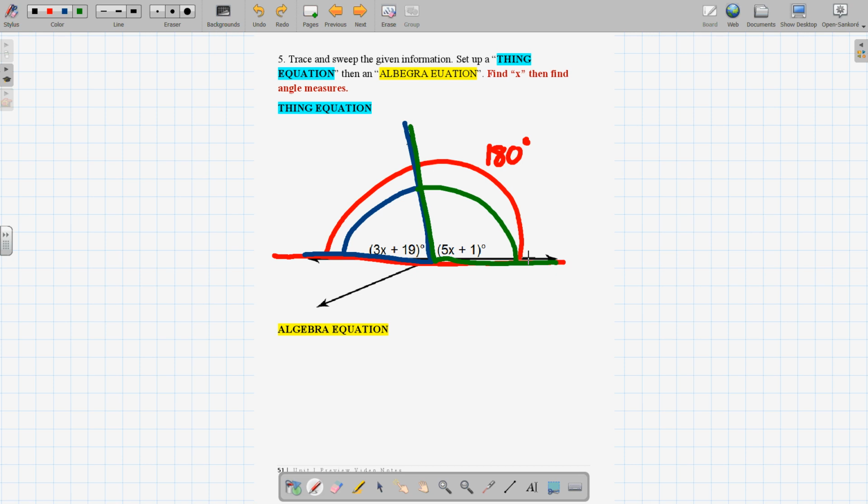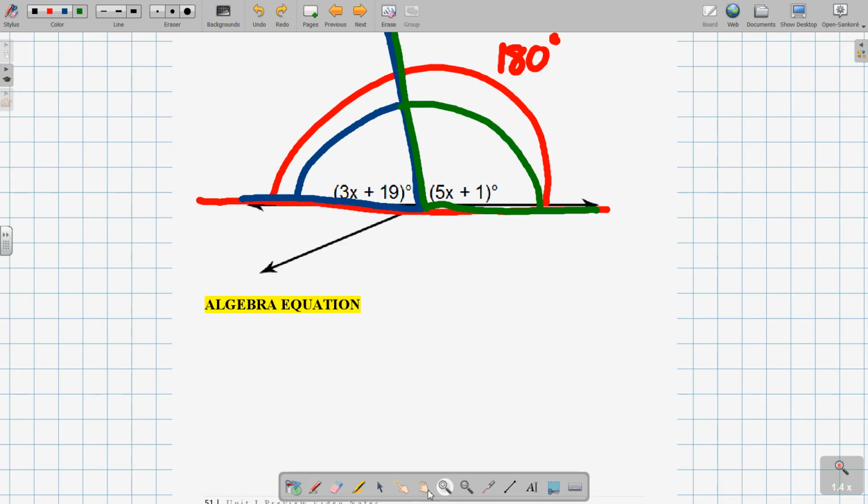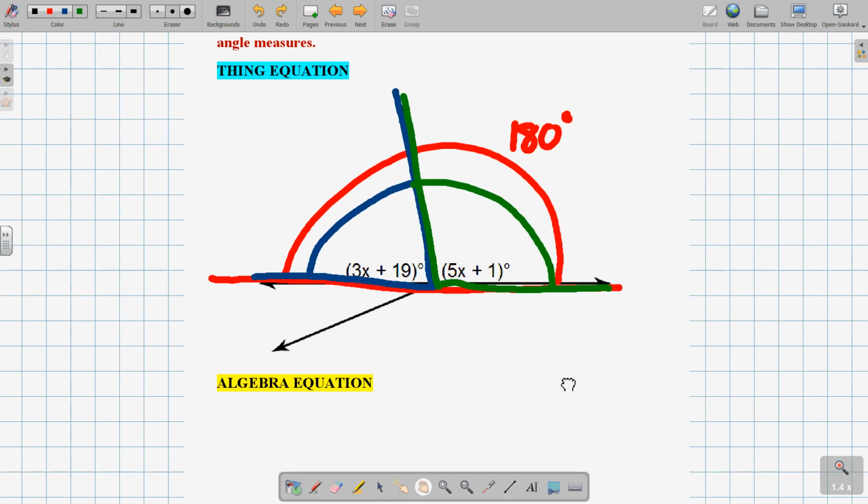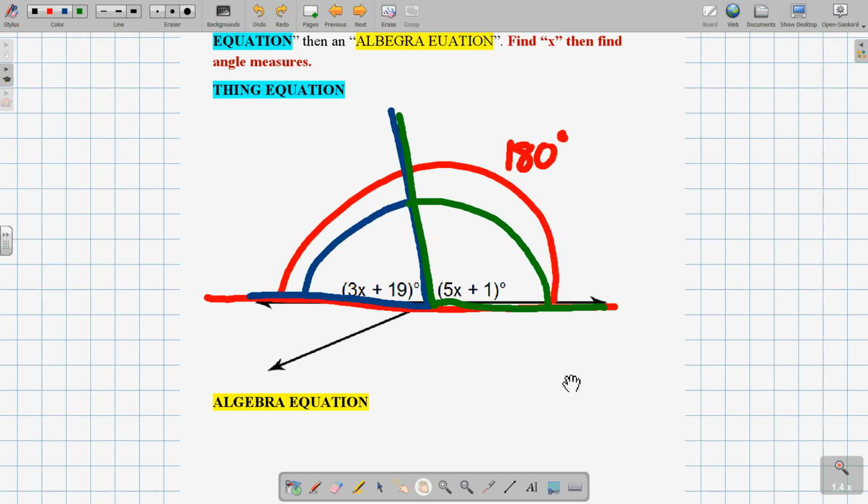Using green, I'd like you to trace and sweep that right angle. Geometry is not about the numbers. It's about the physical things of angles and planes and triangles and hexagons and cones and spheres. So you're going to learn to do a thing before algebra.